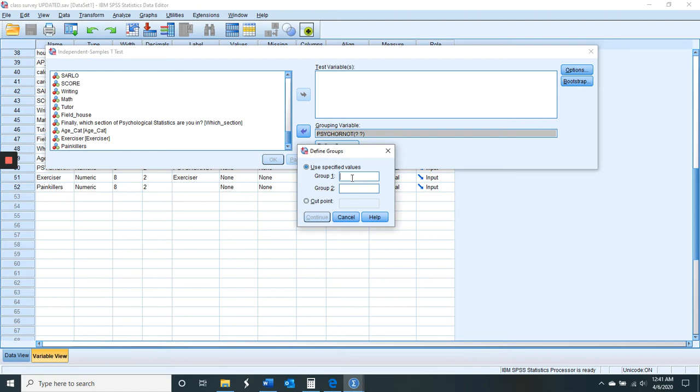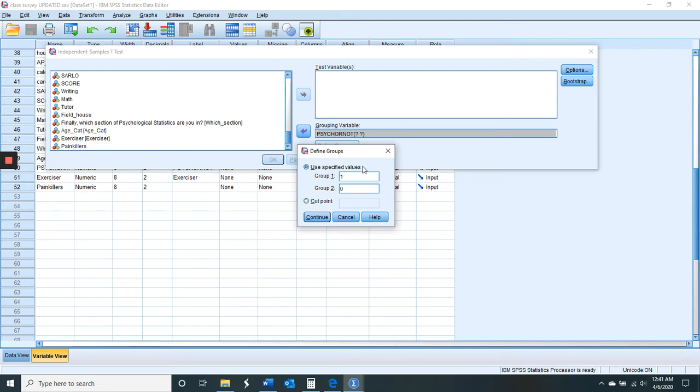What this is actually asking us to do is what order we want the means in. SPSS will take group number 1 minus group number 2. So I'm going to have psychology majors be the first group, and we're going to subtract the mean of not psychology majors on the dependent variable.